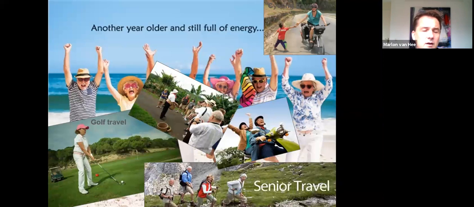Here you have some products or travel styles that they are really interested in. So, for example, golf travel, walking, trekking. Cycling travel is also something that seniors do. There's one picture about a visit to, I think, a coffee plantation, but it's linked to community-based tourism. From local people, they get explanation about the coffee plantation and visit the local village to learn from that.